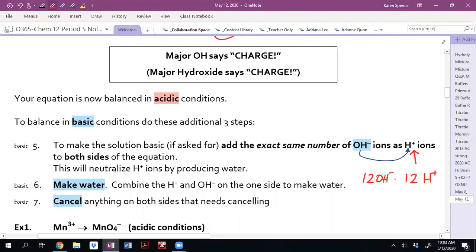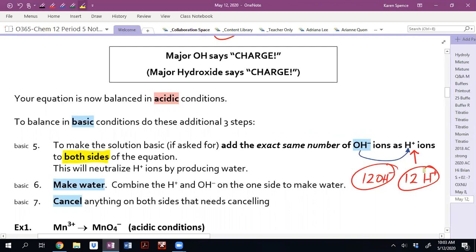But if I add hydroxide to the side with the hydrogen, that means my reaction is no longer balanced because I'm going to have extra oxygens and hydrogens on that one side. So I actually need to add that number of hydroxides to both sides of the equation.